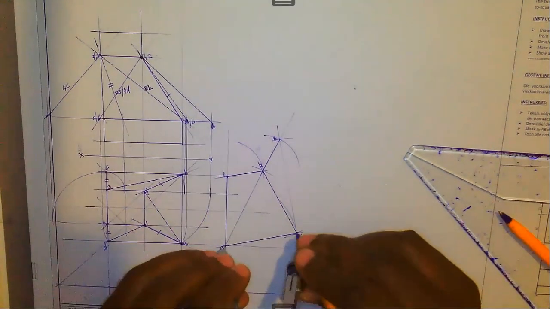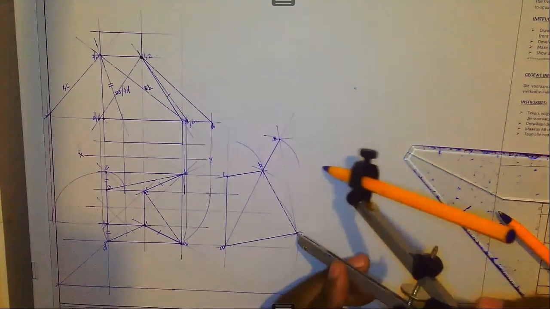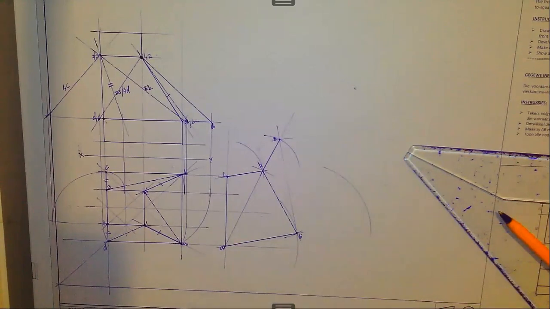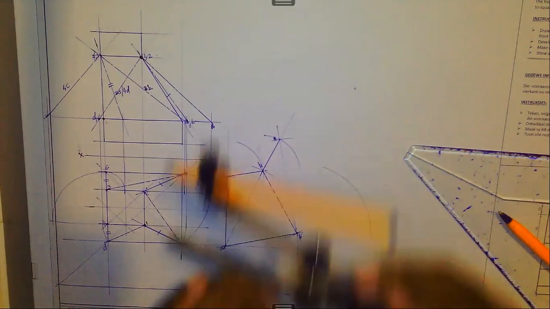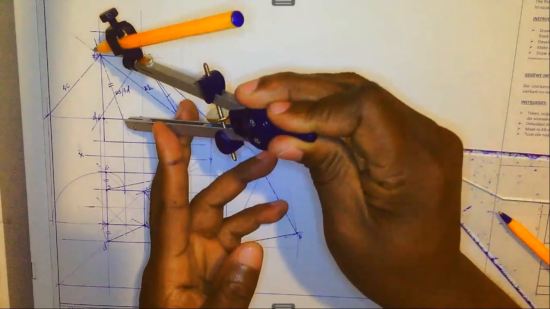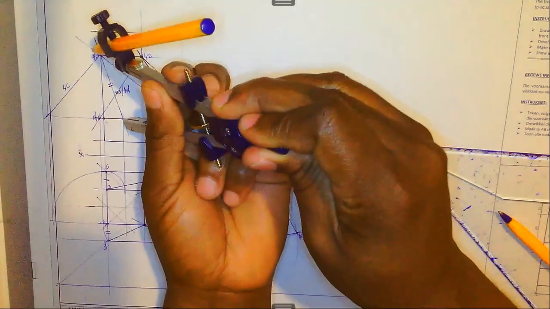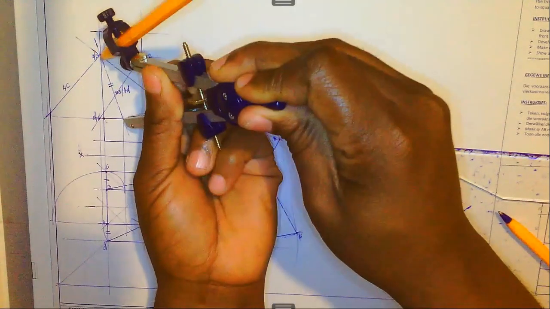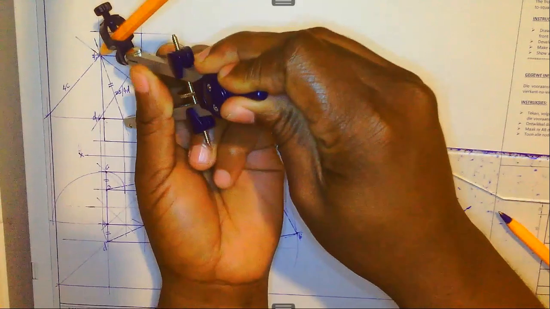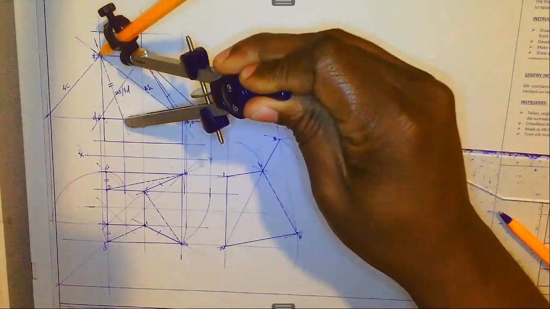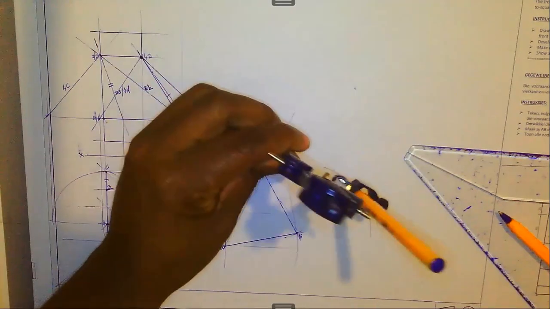So you can take this, come here, describe an arc like that. Take the true length now, 3 to C, like this. Take this, stand at point number 3, then describe an arc like that.